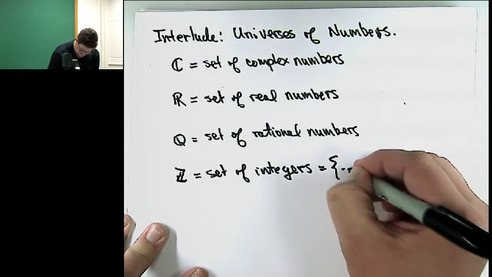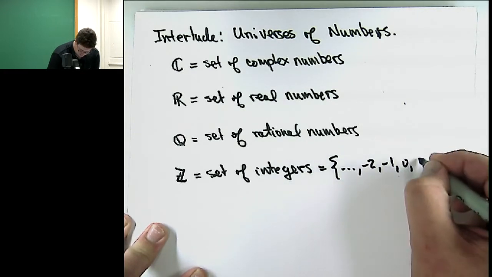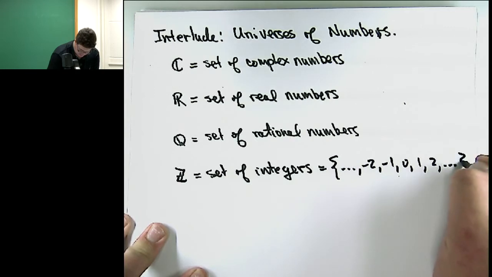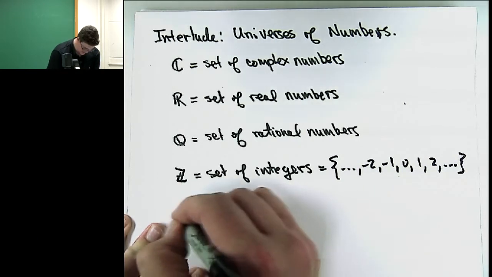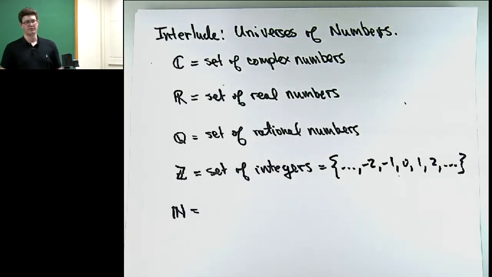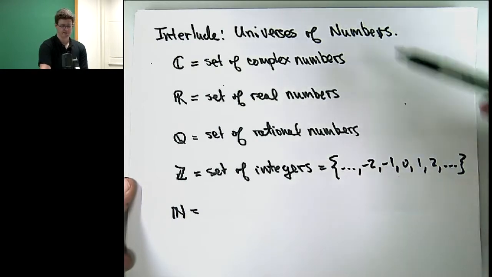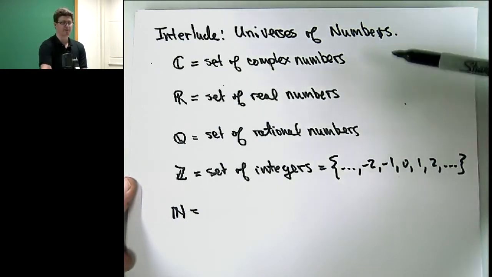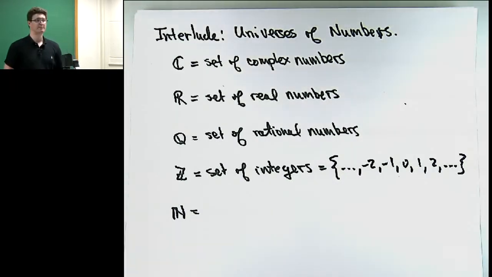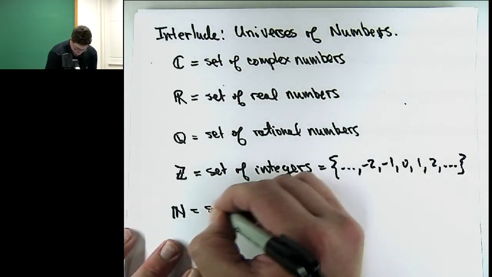One way of specifying a set is to give a sequence like this. And then N. Let me give you a warning for those of you taking notes. I'm going to write some more over here as well, so you guys know. This is the set of natural numbers.